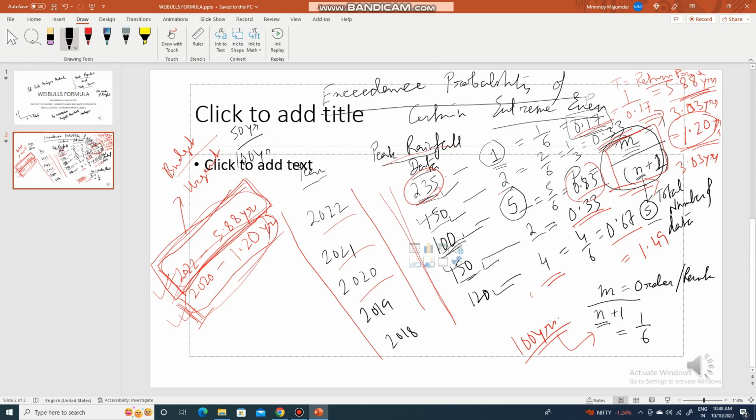Both peak rainfall of 2021 and 2019 are the same, and both of them will get the second position as per magnitude if I arrange them in the descending order of magnitude. Now note that there is a condition that the worst rank will be equal to the total number of events available to you.